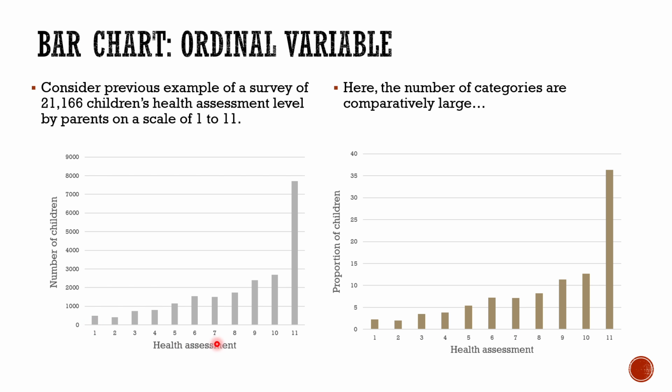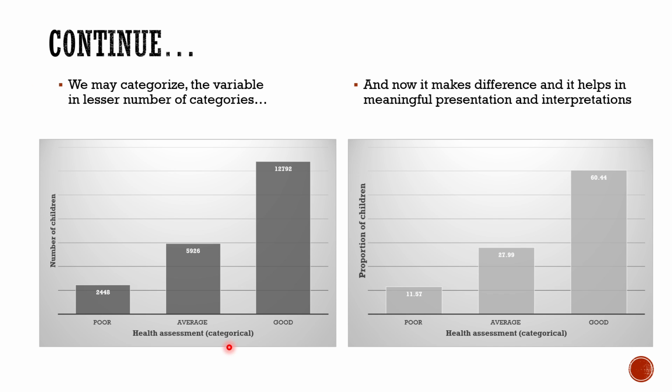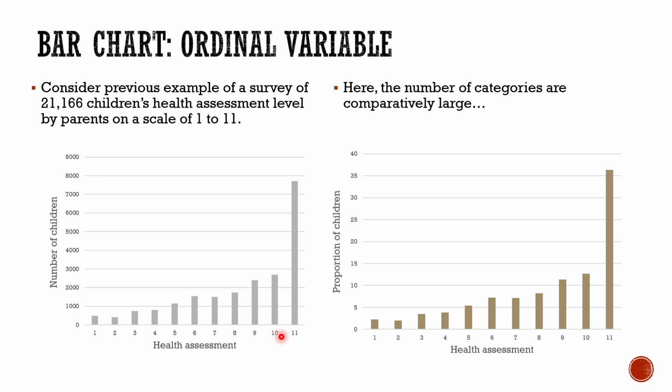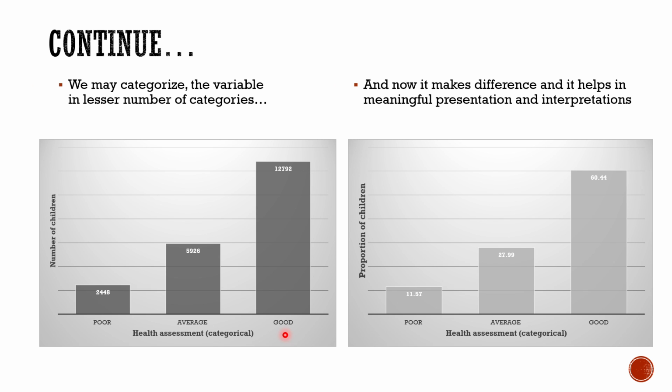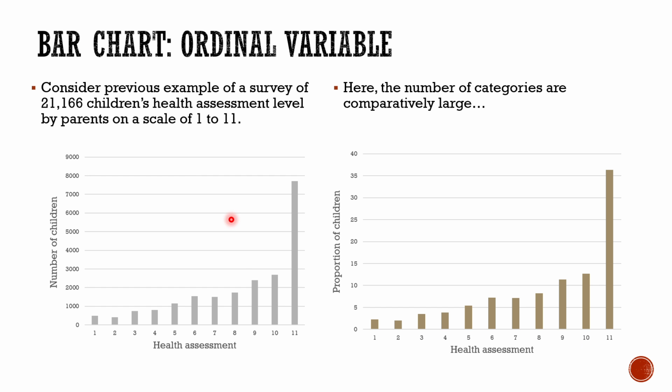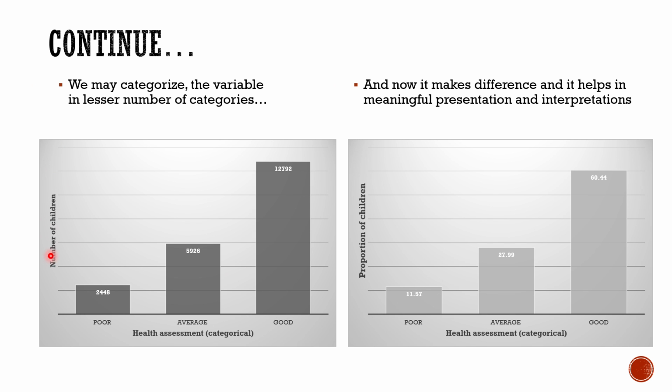From 5 to 8 we have put it as average health, and for good health we have the health assessment of 9 or above. So we may categorize the variables into a lesser number of categories, and now you can see that this is more informative than the previous one. And here we have plotted it for the absolute frequency as well as for the relative frequencies.